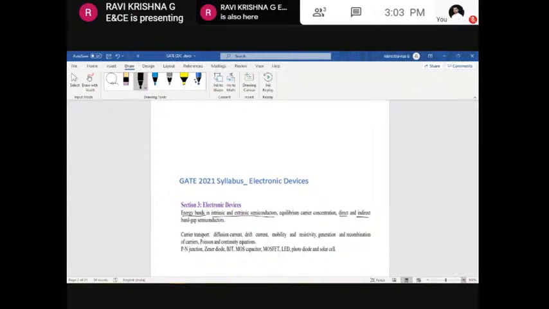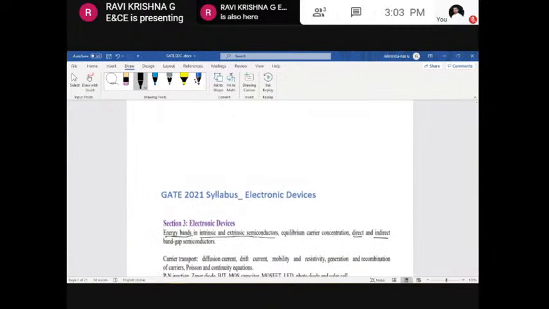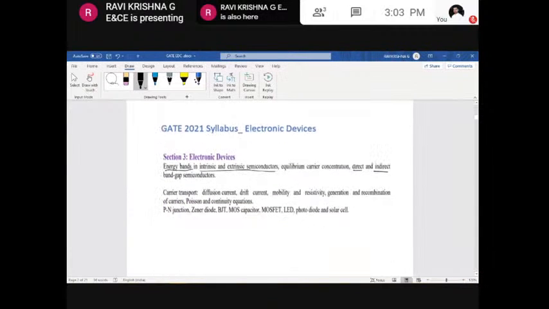Okay. Next, we need to understand the different types of carrier transport. There are two types of carrier transport mechanisms: one is diffusion, and another one is drift.